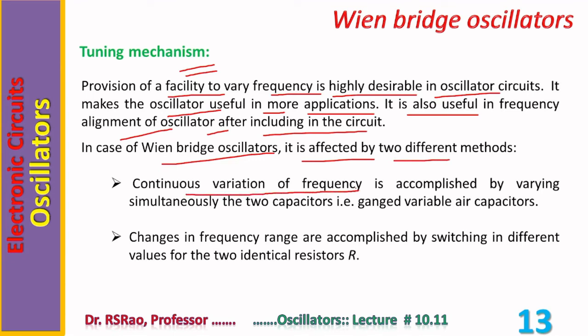Continuous variation of frequency is accomplished by varying simultaneously the 2 capacitors. Ganged variable air capacitors are used. For this purpose, changes in frequency range are accomplished by switching in different values for the 2 identical resistors R.